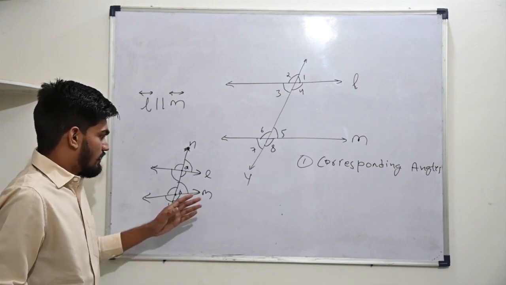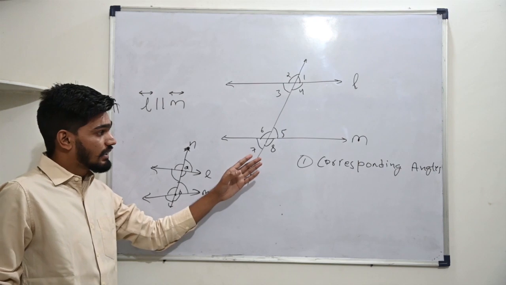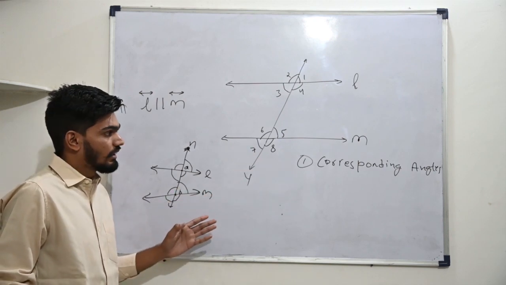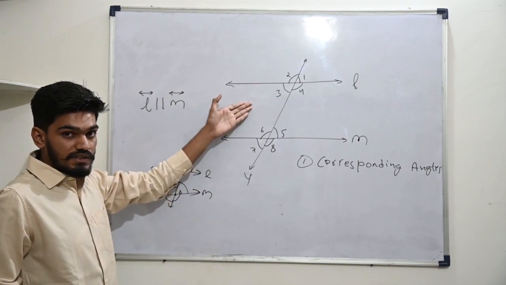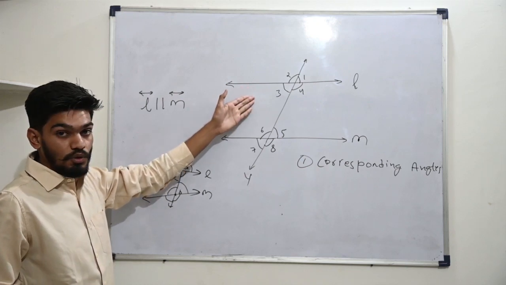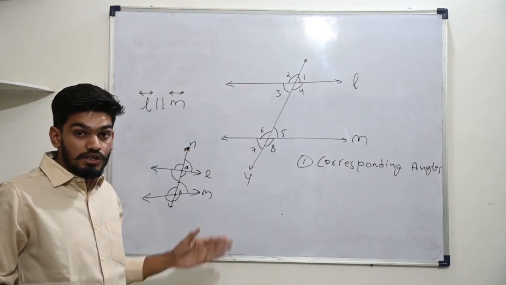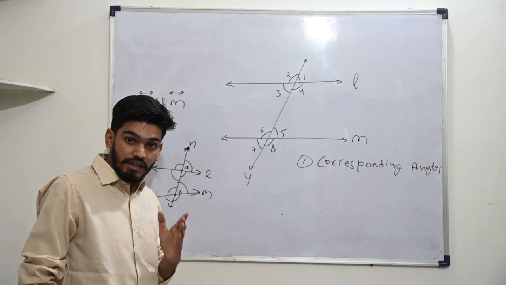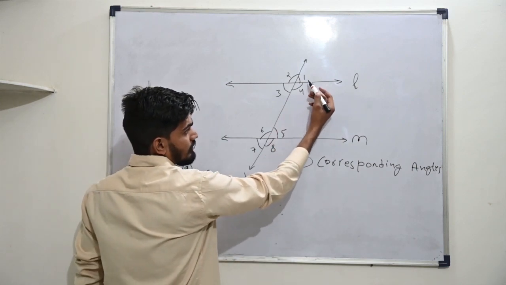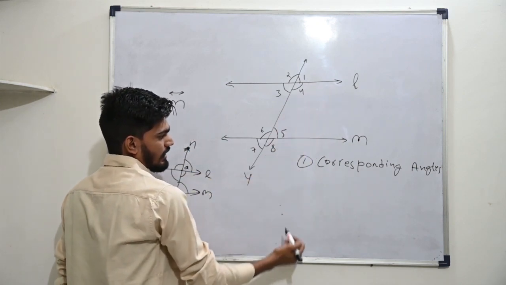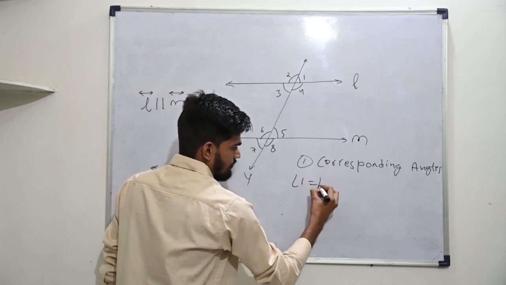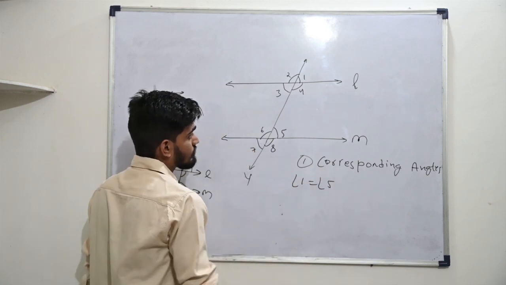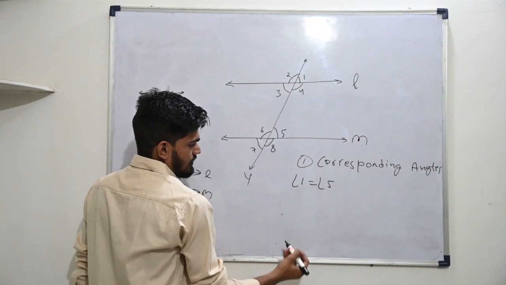Okay. When we talk about parallel lines, then there is a property when a transversal line is there which cuts two parallel lines, then corresponding angles are equal. So here we have corresponding angles 1 and 5. So angle 1 will be equals to angle 5. 4 and 8.